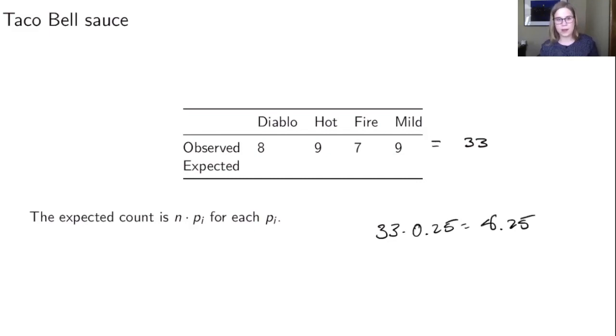So if the null hypothesis were true, we would expect to get 8.25 packets of each of these sauces. And again, if our null hypothesis had had different proportions for each of the categories, we could have multiplied by something different, but the expected count is always going to be n, the full sample size, times pi. That's the null hypothesized proportion for each of the pi's.